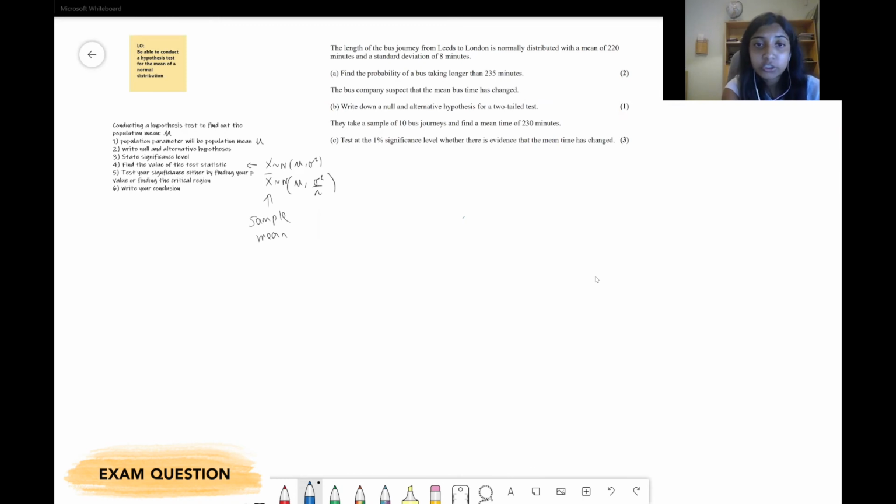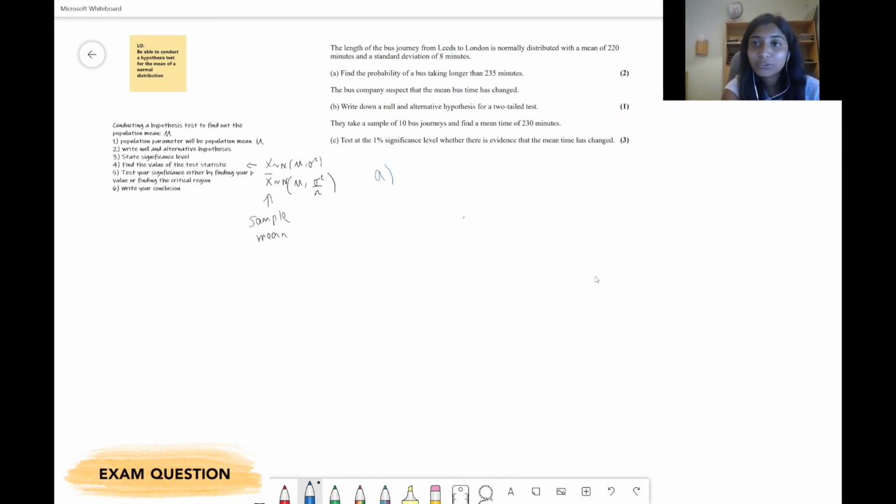So this is just normal distribution. You first write out that X is normally distributed with mean 220 and standard deviation 8, so the parameter would be 8 squared. Then you want to find the probability that X is more than 235.